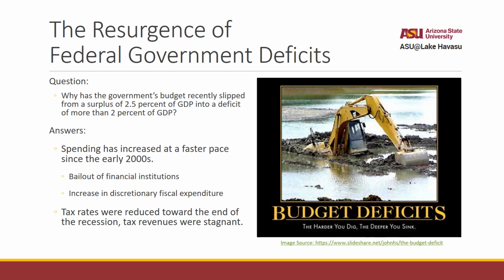Spending has increased at a faster pace since the beginning of the century, particularly in light of the bailout of financial institutions and a sharp rise in discretionary fiscal expenditures, than during other decades since World War II.